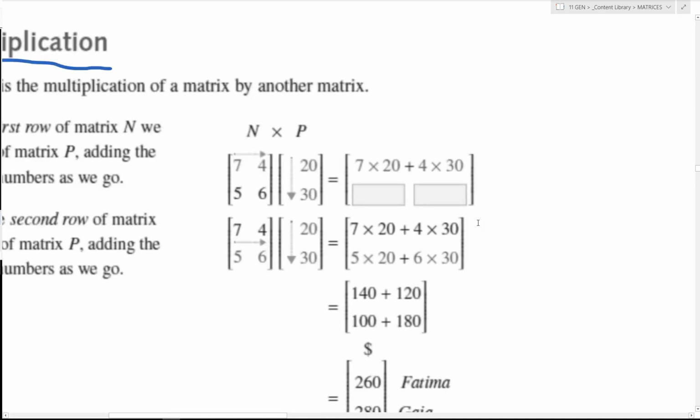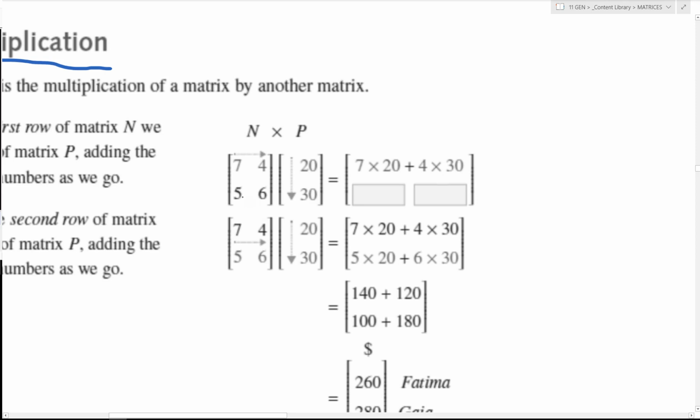In this first part, you've got matrix N times matrix P. We have to multiply the whole row of the matrix with the column of this matrix. The first part is 7 by 20, and the second part is 4 by 30.